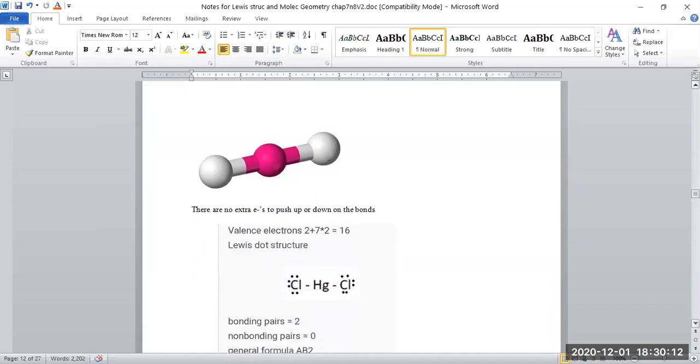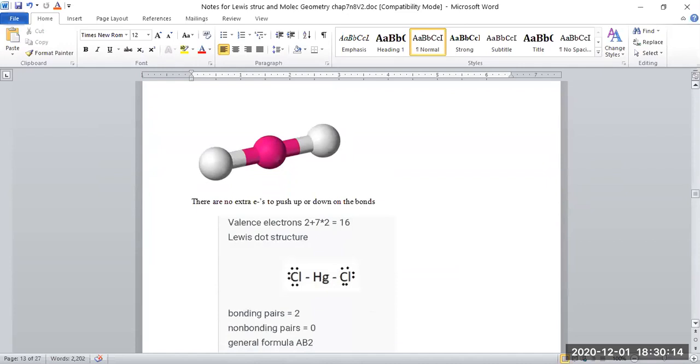If I looked at mercuric chloride, mercury 2 chloride, you would find out that my mercury has 2 valence electrons. Each of my chlorines had 7. So there's 16 in the whole molecule. Again, we're shooting for that idea of trying to make everything happy.